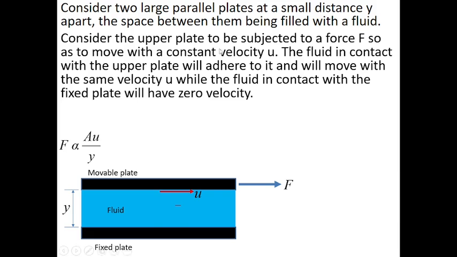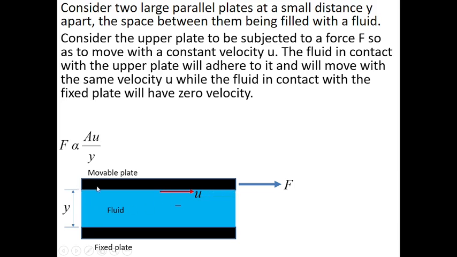Now, the upper plate is subjected to a force F so as to move with a constant velocity u. The fluid in contact with the upper plate will adhere to it. Aayon siya, di siya sasalungat.